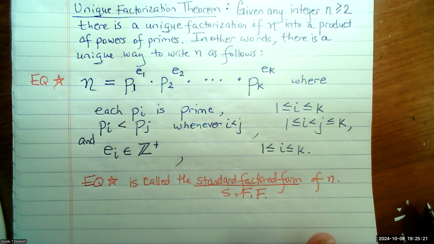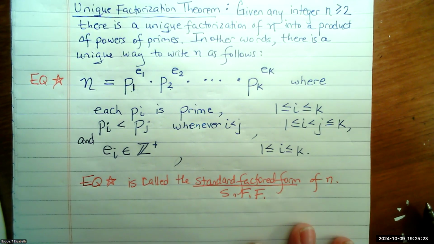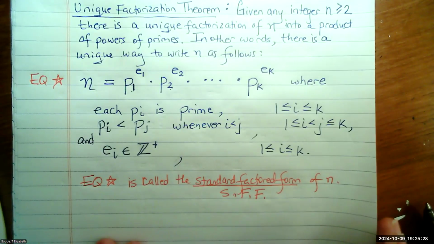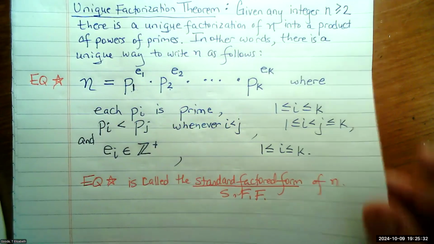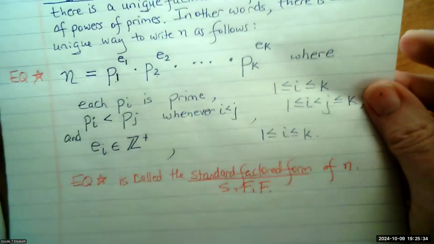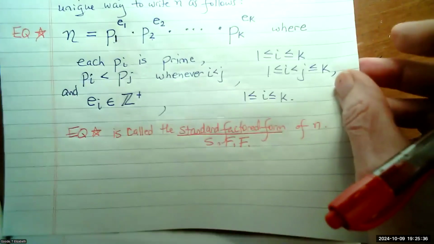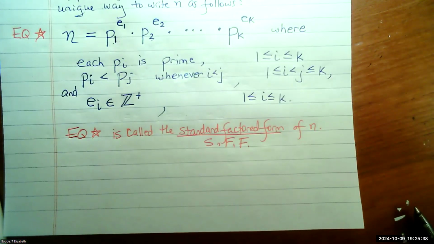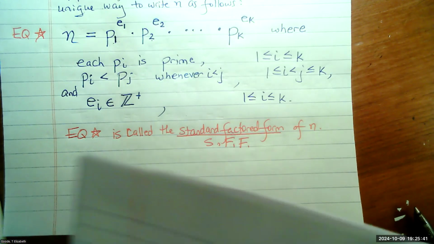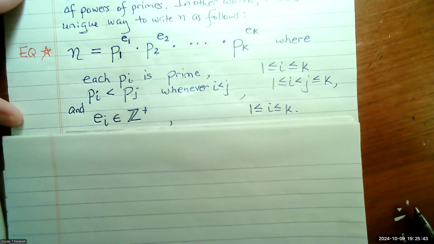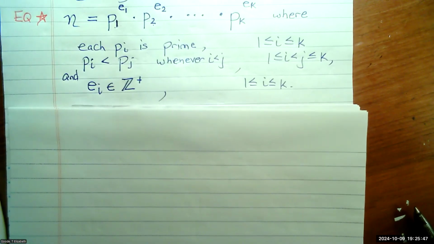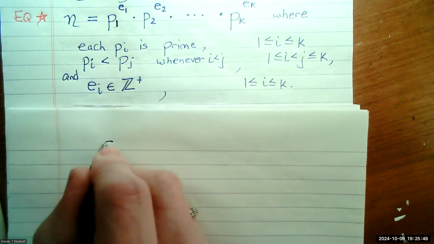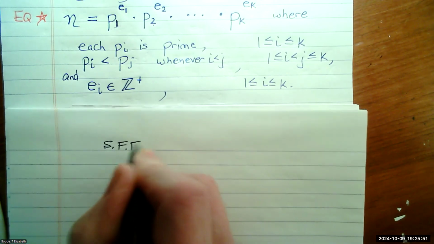Okay, let's play the game. Let's find the standard factored form of an integer n, so that you can start to feel more comfortable with all of these indexing numbers and everything. So we're going to play standard factored form games, SFF games.